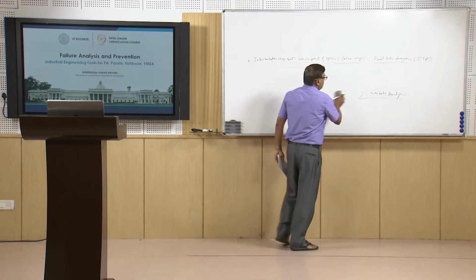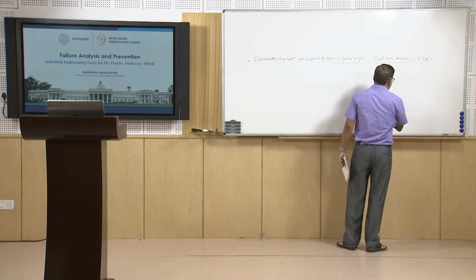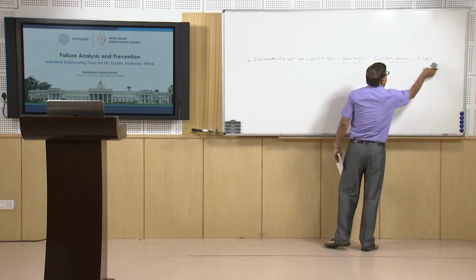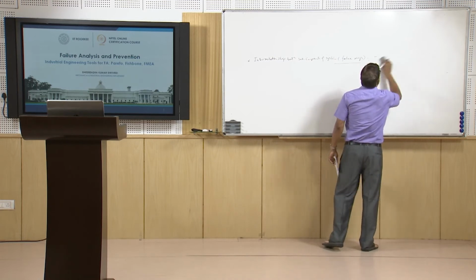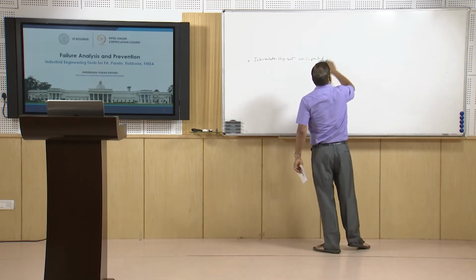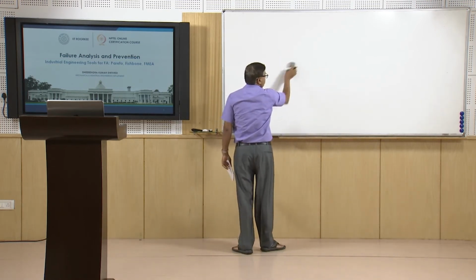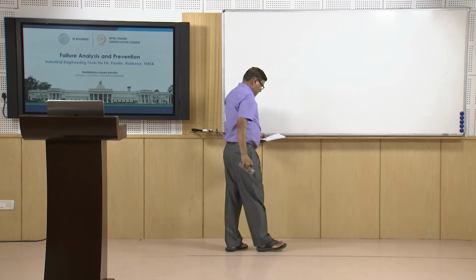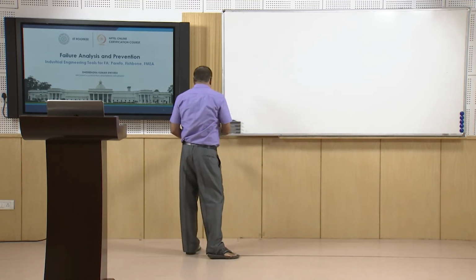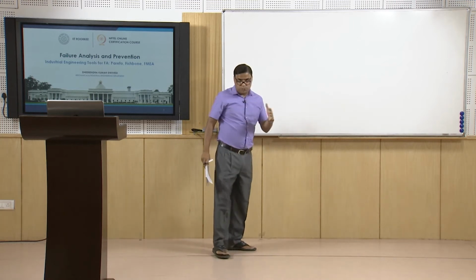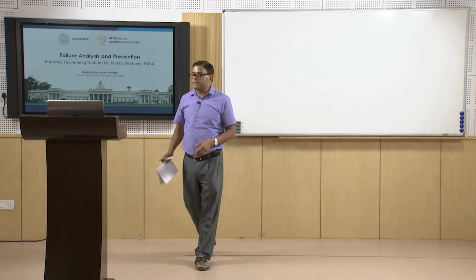If we can measure that, it will help us in preventing the catastrophic failures, and we will be taking care of the things in a much better way. So, these were some of the industrial engineering tools which are used for different purposes.